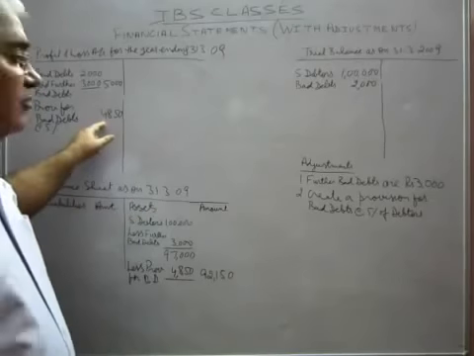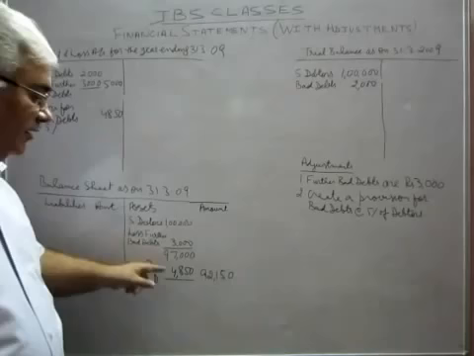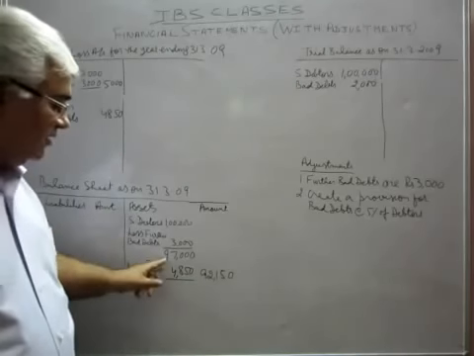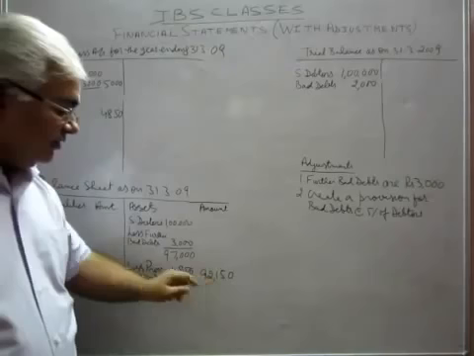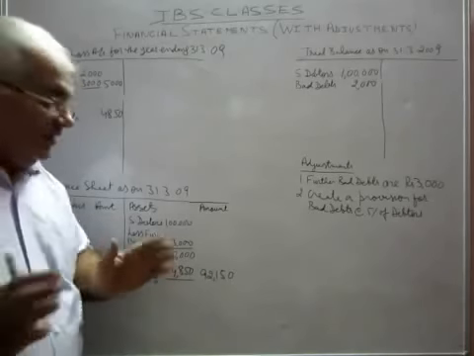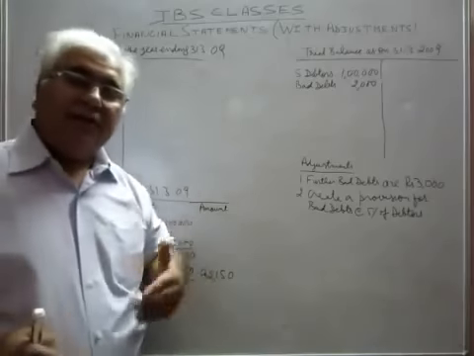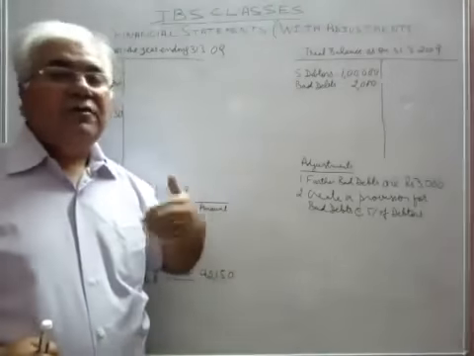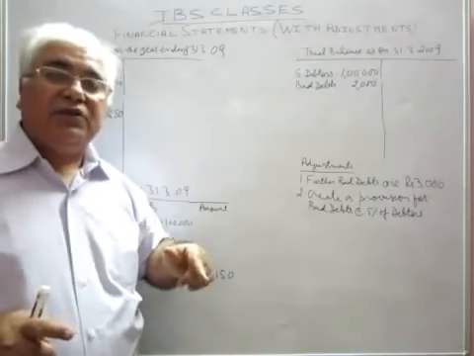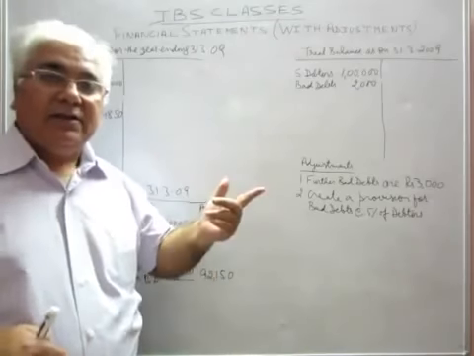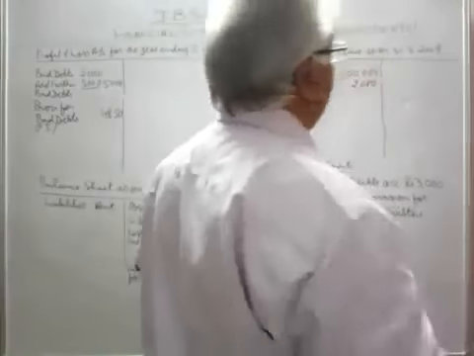So, the amount of provision will be debited to profit and loss account, and it will be shown as a deduction from the amount of sundry debtors in the balance sheet. Now you see, this amount of 4,850 in the provision for bad debts will be carried forward to next year, and in the trial balance of next year it will be shown as a credit balance, right? Let us see how it happens.